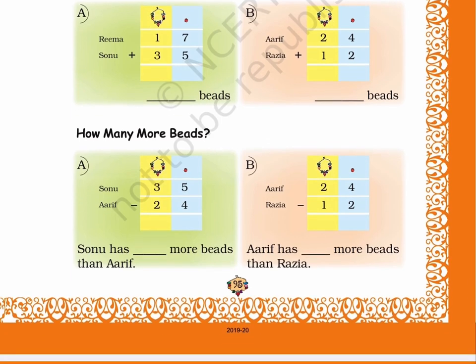Question B. If Arif has 2 necklaces and 4 loose beads, and Razia has 1 necklace and 2 loose beads, how many more beads does Arif have than Razia? Arif has dash more beads than Razia. The above questions are shown in table form, with necklace column in yellow and beads column in blue.